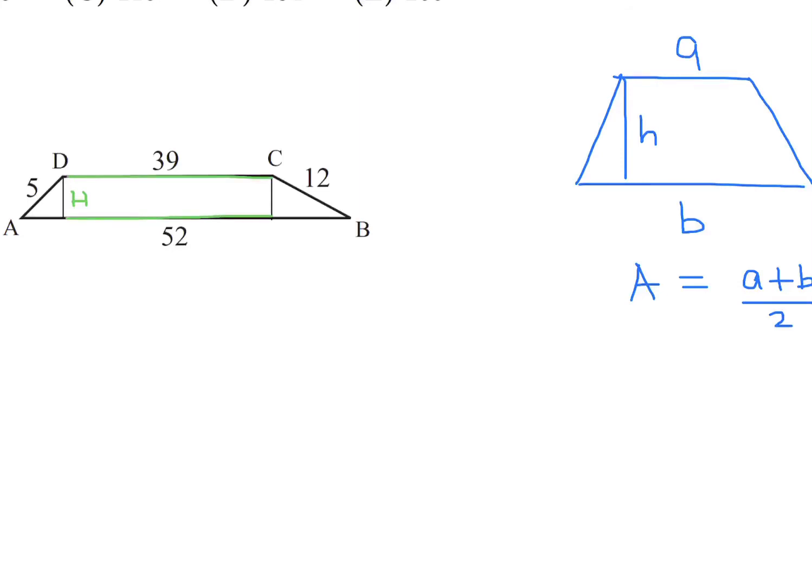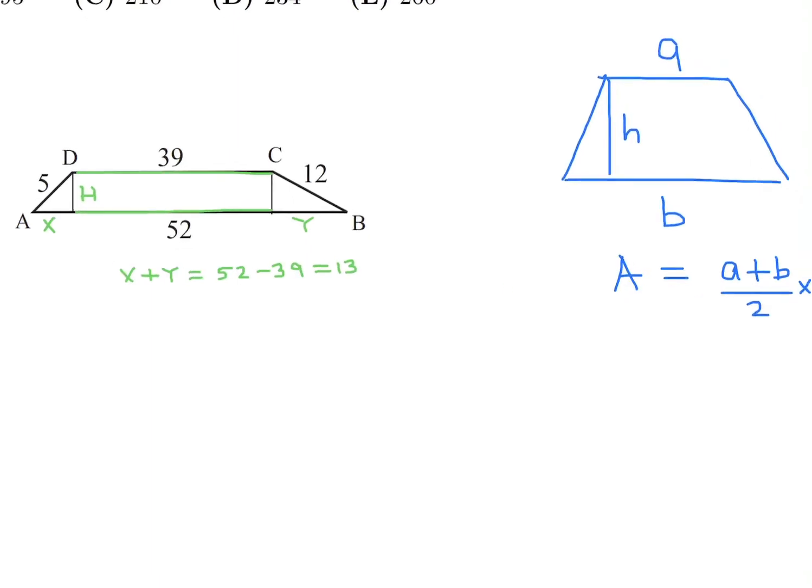So that means that this part and this part have to be 52 minus 39. So I'll call this part x and this part y. And therefore, x plus y has to equal 52 minus 39, which is 13. Right? So that's the first part.